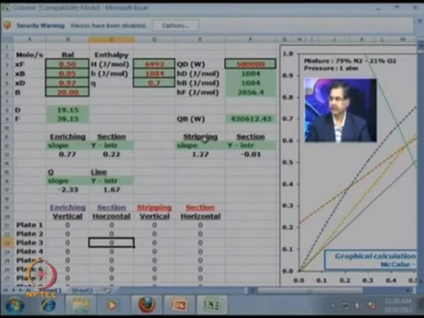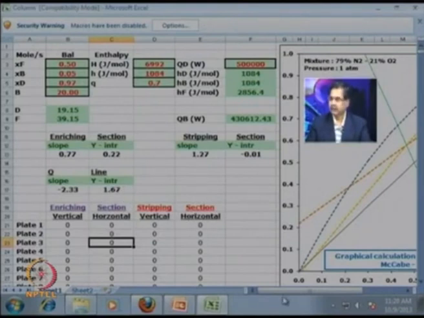The operating line for the stripping section has a slope of 1.27, and its y-intercept is very close to the origin, at minus 0.01. The q line, the feed line, has a slope of minus 2.33 and a y-intercept of 1.67.